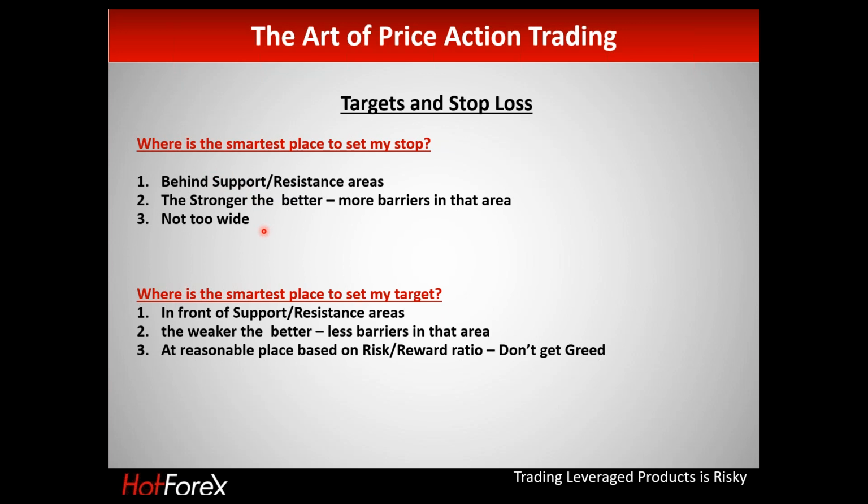Not too wide, not too narrow. The distance between the support and resistance level is a very good indicator to set your target. And also have in mind that the weaker, the better, the less barrier there is in that area.